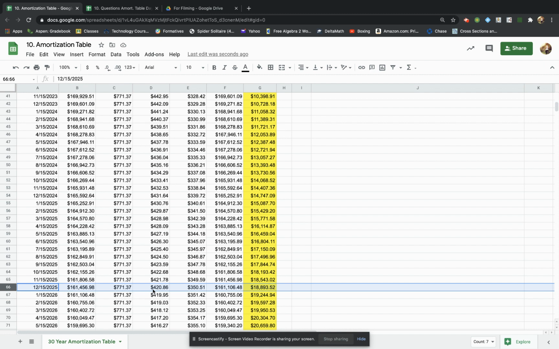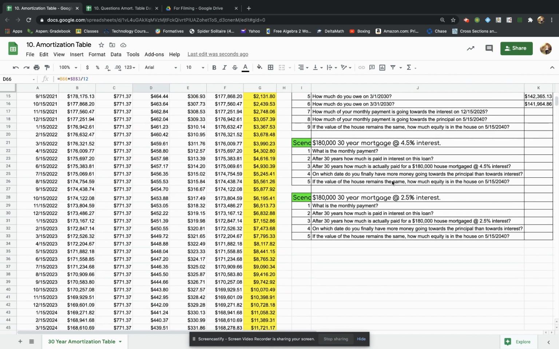The number in column D, $420.86 is going towards interest. How much of the monthly payment is going towards the principal on 5/15/2040?